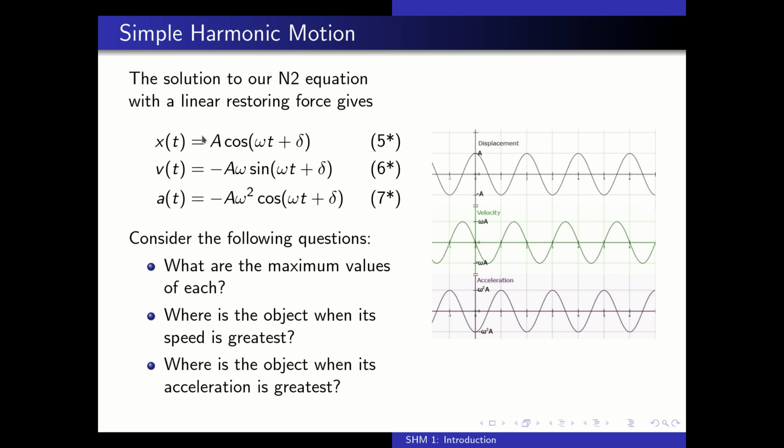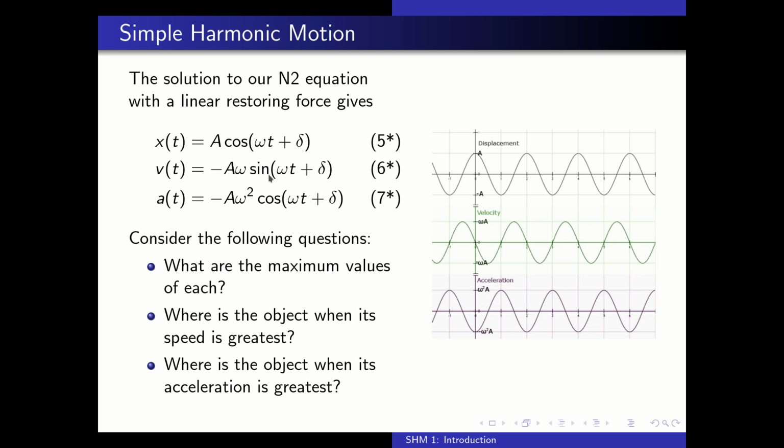Look at equation 5. The cosine function and the sine function, all of our sinusoidal functions, vary between values of 1 and -1, which means that x is going to vary between values of A times 1 and A times -1. So it varies between -A and +A. In the same way, look at our velocity function.